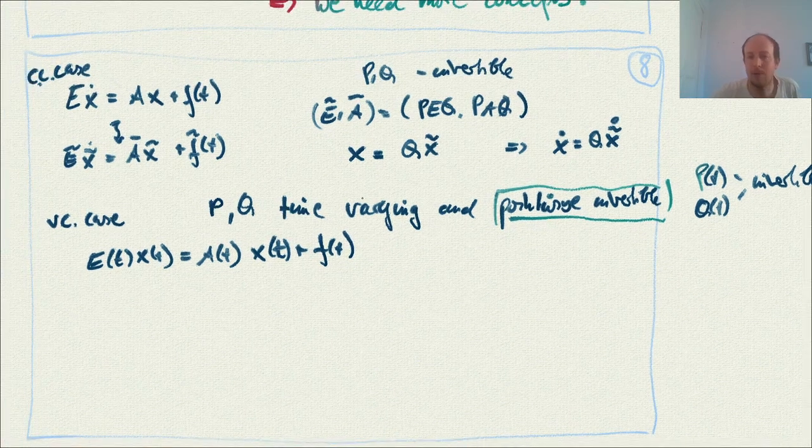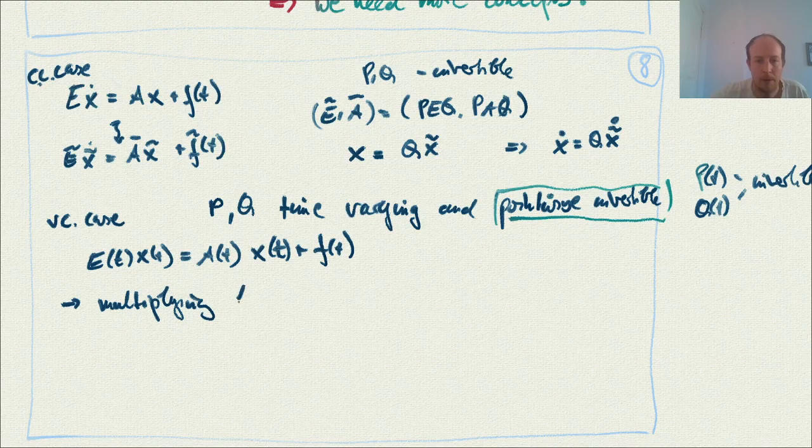Now p and q will depend on time. So multiplying by p of t, no difference.